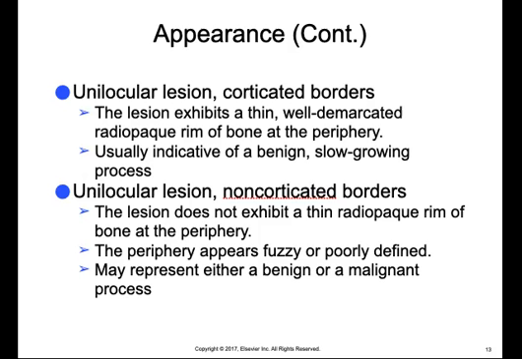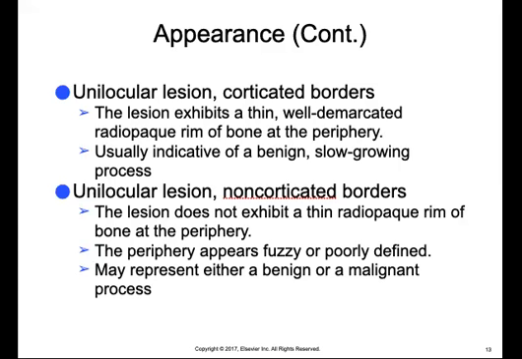A unilocular radiolucent lesion with corticated borders exhibits a thin, well demarcated radiopaque rim of bone at the periphery, or the border. A unilocular corticated lesion is usually indicative of a benign, slow growing process. And benign just means it's not cancerous or not harmful.